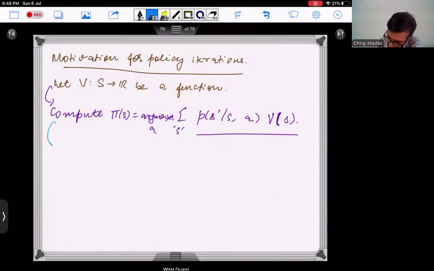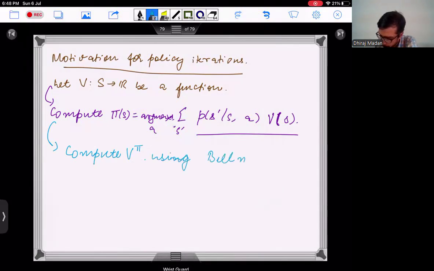In the next step, let's compute V pi, a value function given by Bellman's equation according to policy pi. So we start from some function, compute a policy assuming that function is optimal, and then compute a value function assuming that we are following that policy pi.